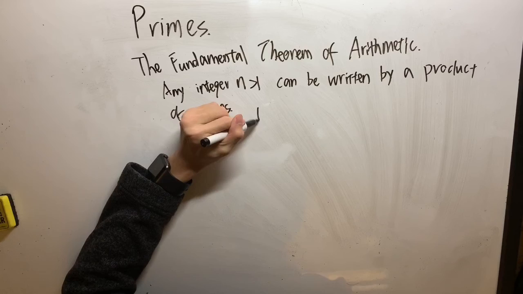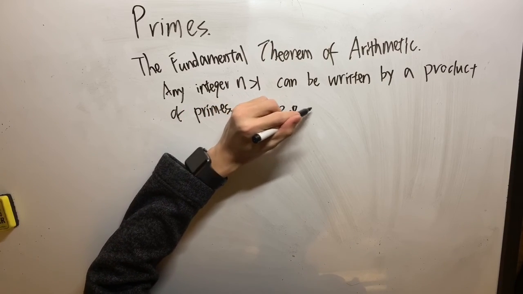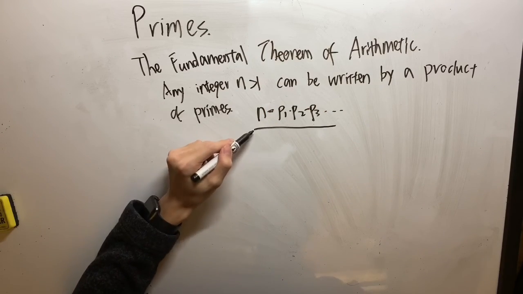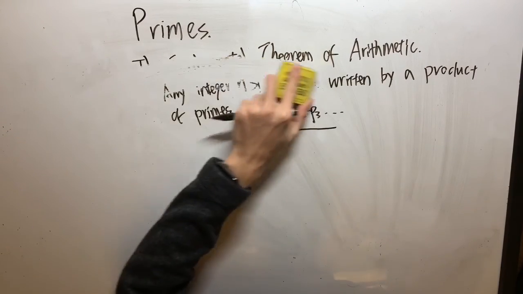This means that n equals p1 times p2 times p3, and so on. Any integer n can be written as this. So let's move on to the questions.